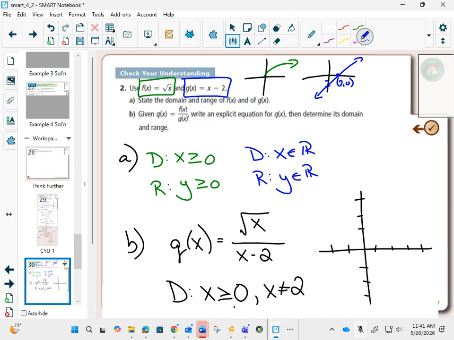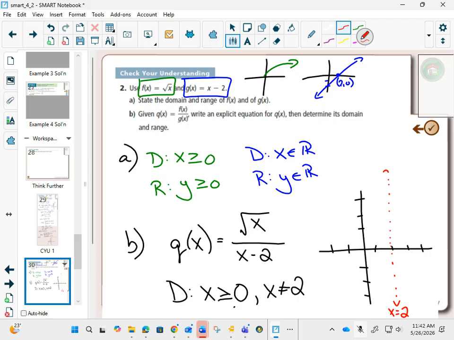It's only a hole if it cancels out, which would mean an x minus 2 on the top and bottom, so it would have been an x-intercept of the green graph as well. So at the non-permissible value, we're going to get a vertical asymptote.